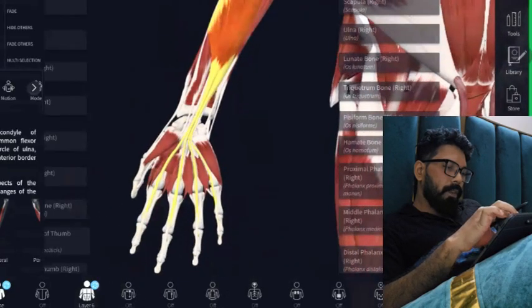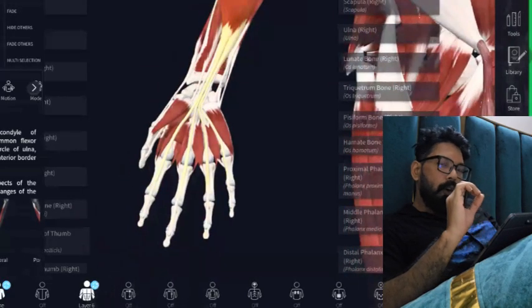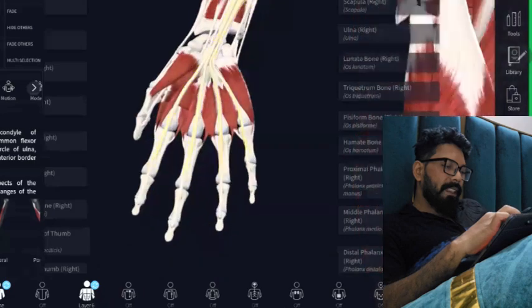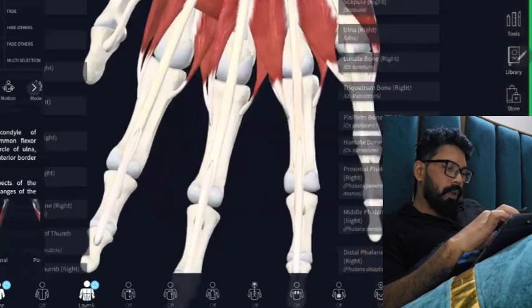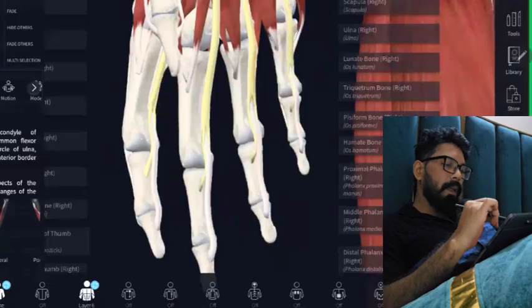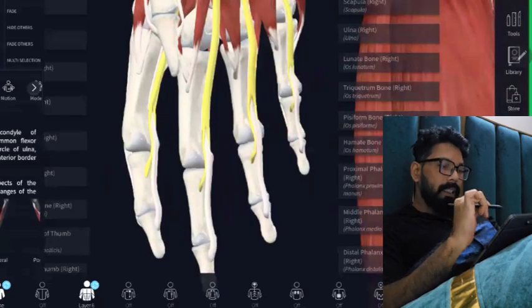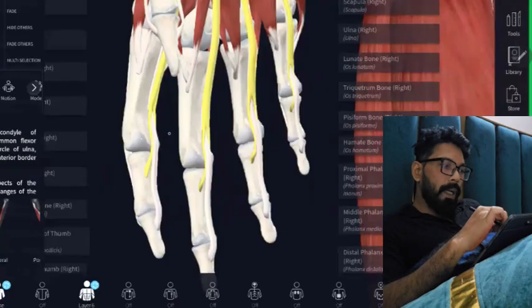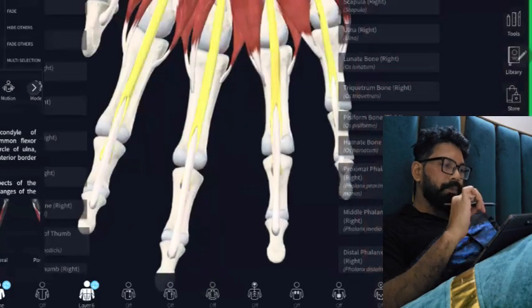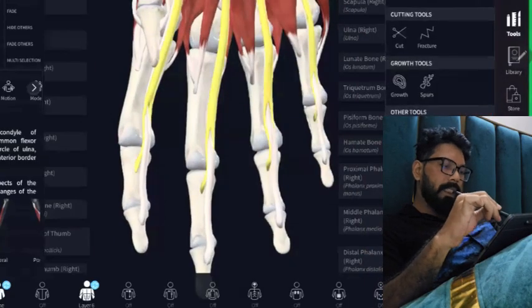Okay, only important ones. So this is our flexor digitorum superficialis. All you need to know is where they are attached. Look, see where they are attached. I have already told you which one is PIP and which one is DIP, and you write in the chat box which joint this is. Flexor digitorum superficialis, where is it attached?